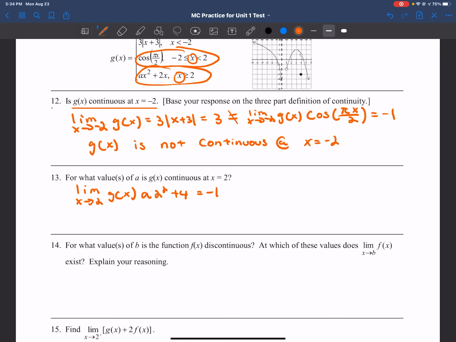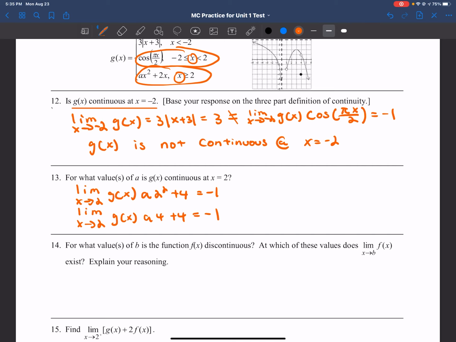And limit x approaches 2 of g of x, a 4 plus 4, equal to -1.